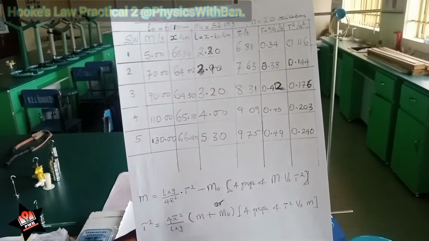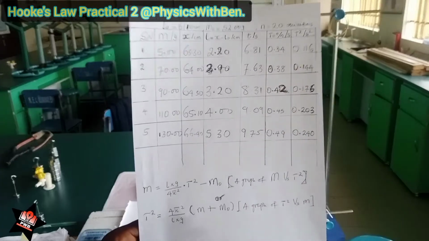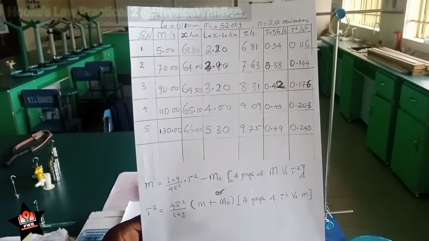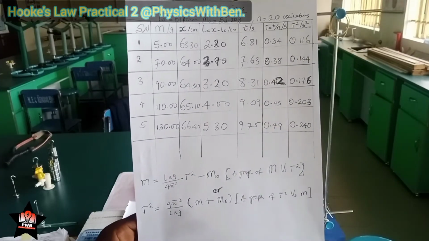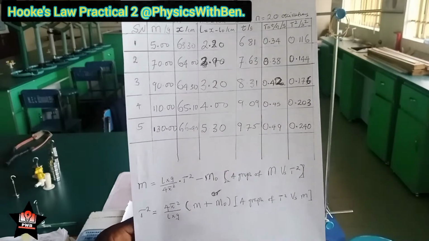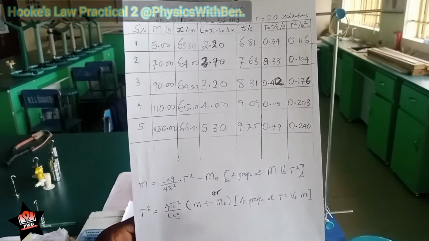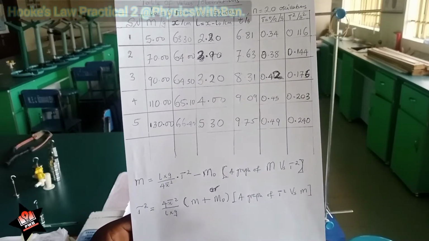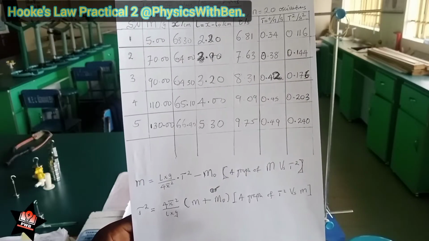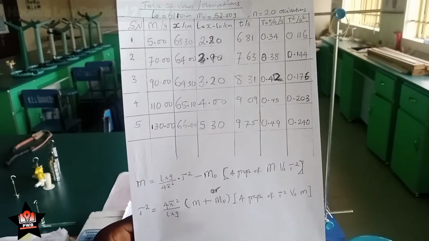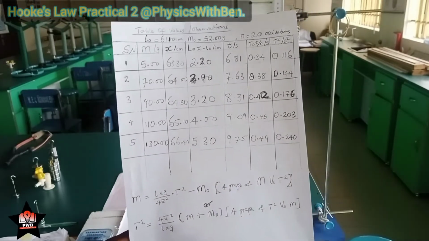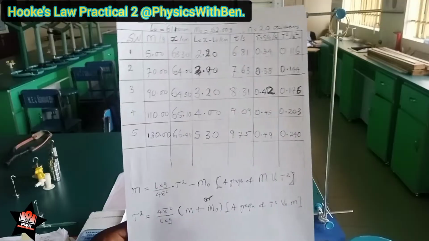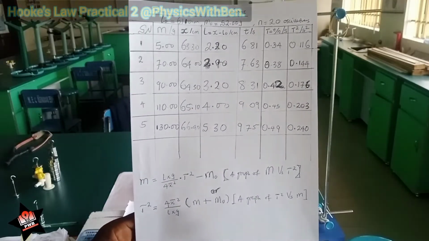That is the mass of the unloaded spring. If your work is correct, the intercept of your graph will give you 52.00 gram. That is the graph of m on the vertical axis and T squared on the horizontal axis. Next will be our graph.